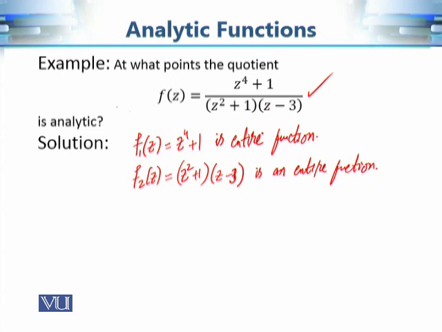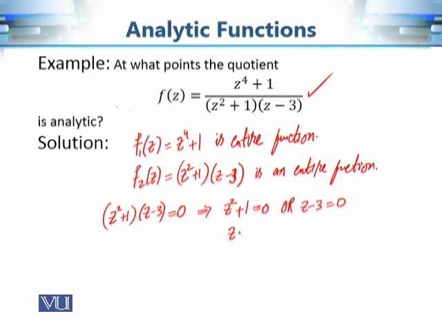What about the quotient? Now we have seen that the quotient is analytic apart from the points where the denominator is 0. So we need to find the points where z square plus 1 and z minus 3 is equal to 0. So this is 0 at points where z square plus 1 is 0, or we have z minus 3 equal to 0.